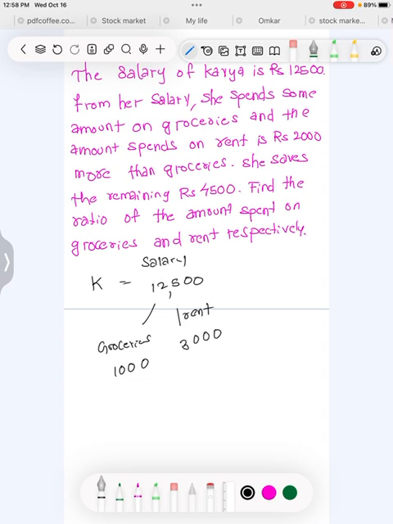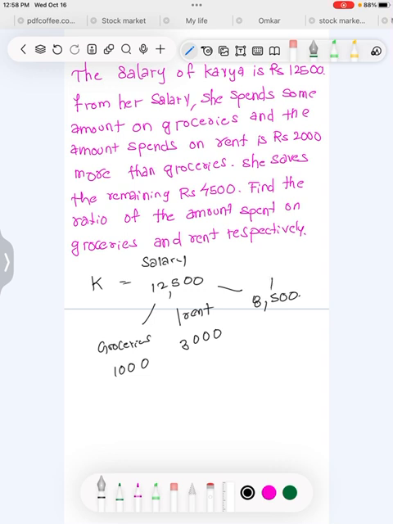she saves the remaining rupees 4500. Okay, in this they got 4500 as the remaining, but in this answer we got 4000 was spent and left with 8500, and in the question it was equal to 4500.